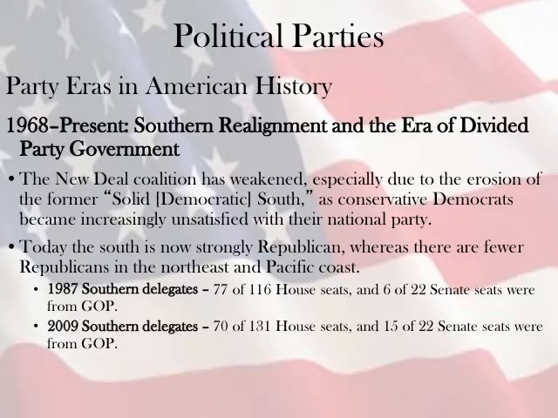In 1987, Southern delegates, 77 out of 116 House seats and 6 out of 22 Senate seats, were from the GOP. In 2009, Southern delegates, 70 out of 131 House seats and 15 out of 22 Senate seats, were from the GOP.